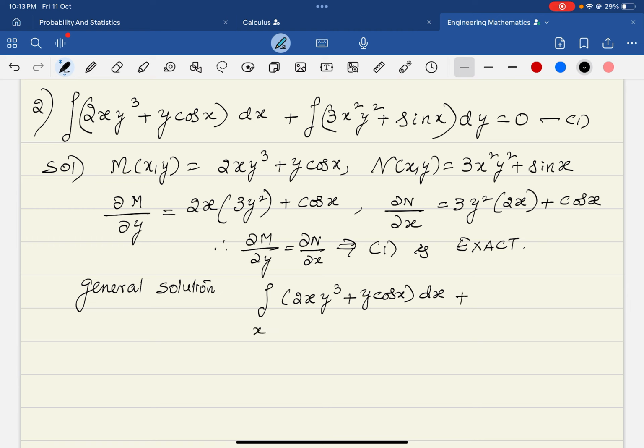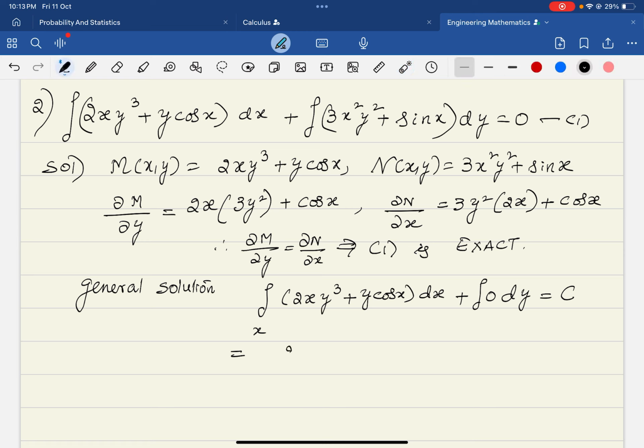Now observe what are the terms which are not consisting of x. In this I have x, in this I have x. So I am not considering any term from N of y. So it is just 0 dy is equal to c. I hope it's clear. So now we are going to integrate this. Now what are the constants here? Whenever we are integrating, we take out the constant. 2 is a constant, y cube is a constant.